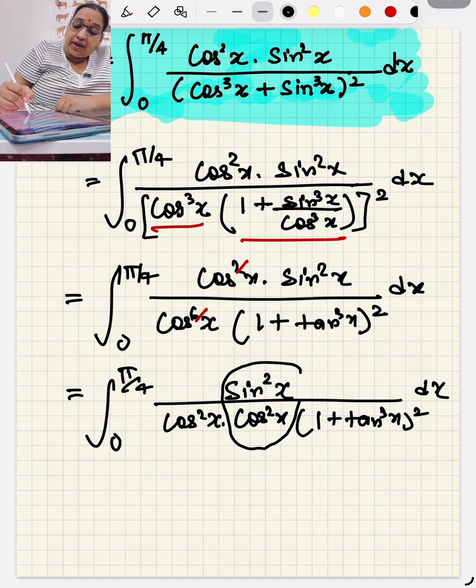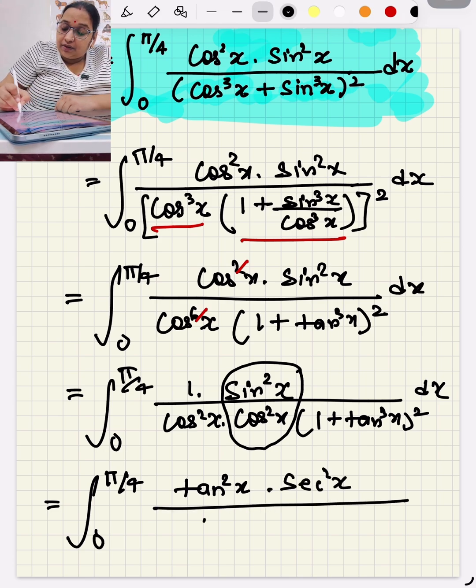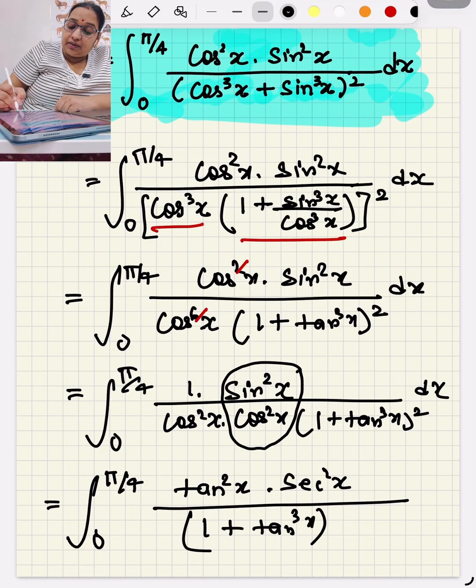This sine square x over cos square x becomes tan square x, correct? So tan square x in the numerator, correct? And 1 over cos square is sec square x, so I write sec square x, and in the denominator we are left with 1 plus tan cube x whole square, correct?